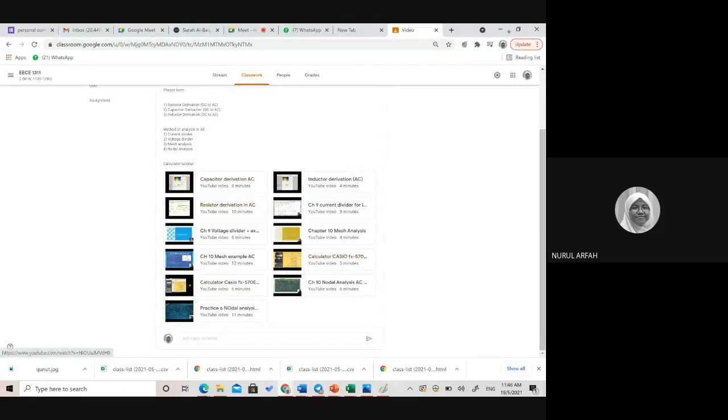And then I have the capacitor, inductor, and resistor derivation. I hope you already did that because we are going to enter that today. And then the rest: chapter 9, current divider, examples, and the mesh and nodal. These mesh and nodal are all in the last part of our chapter.